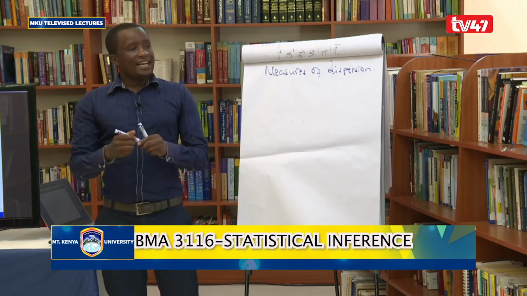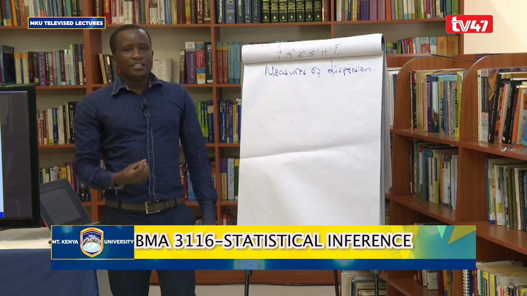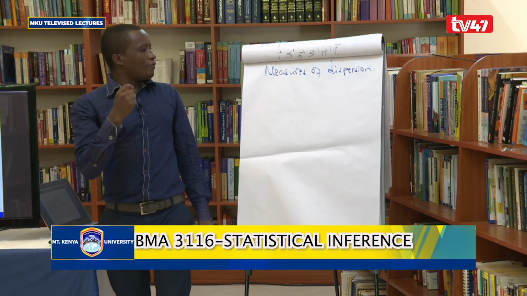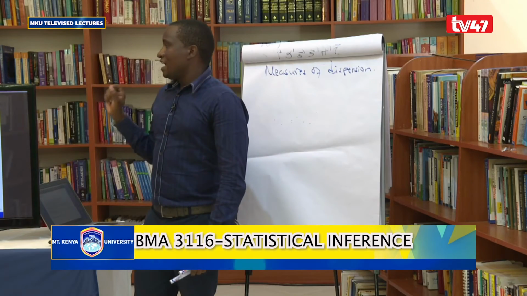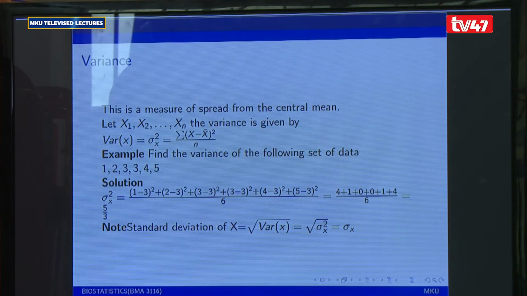Unlike the measures of central tendency, measures of dispersion are able to tell us the spread of values from a certain central point. Actually, the definition of variance is that it is a measure of spread from the central mean.